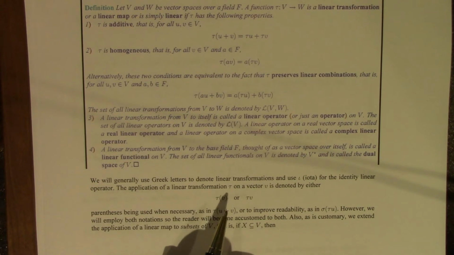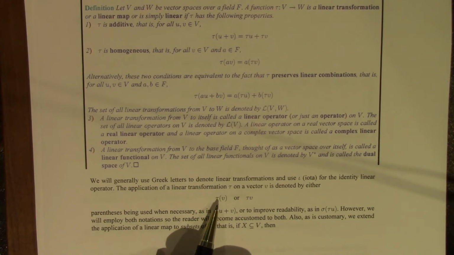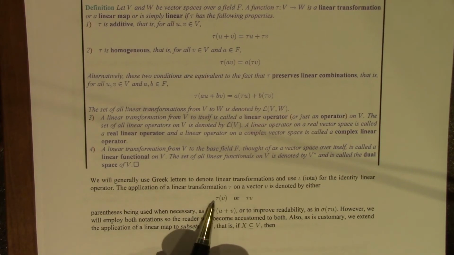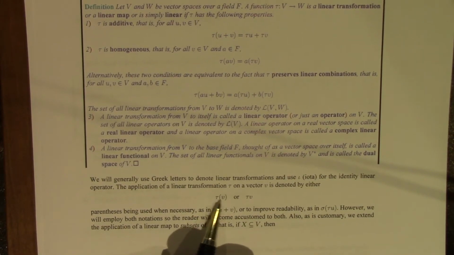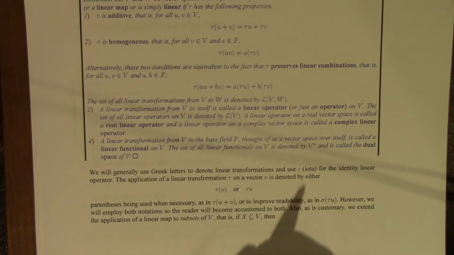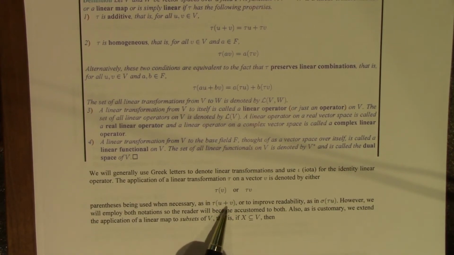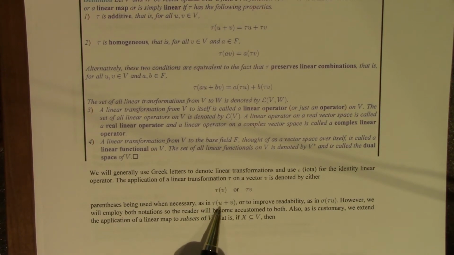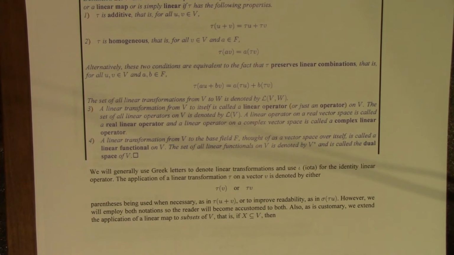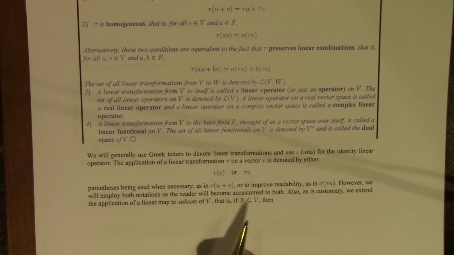I'm going to use, for the most part, Greek letters to denote linear transformations. So I would write tau of v or just tau v to denote the application of the linear transformation tau to the vector v. The parentheses sometimes are required if I want to write, for example, tau of u plus v, but not always required.